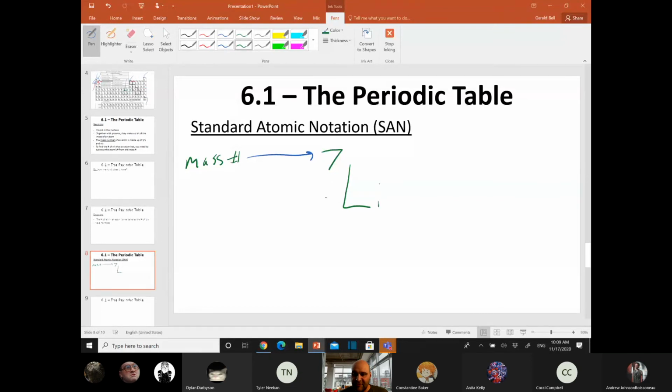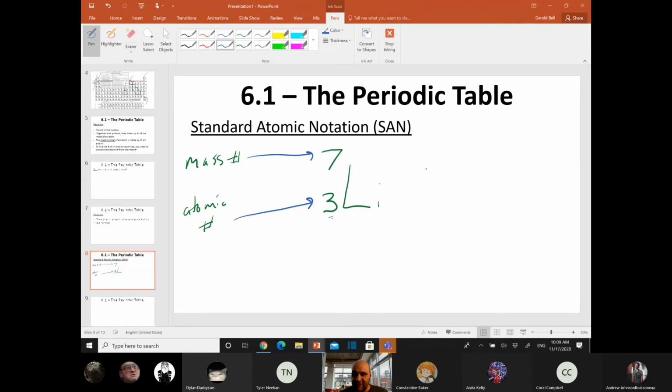And then right below it you put the atomic number. Then we want to list the info, like how many protons, electrons, and neutrons this thing has. If you're not sure, look back in your notes and you'll realize that the bottom number, our atomic number, tells us our protons.